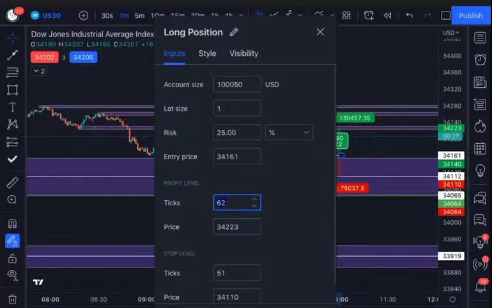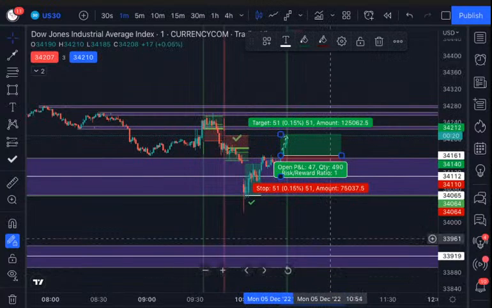Here it is. And just got the buy side of this coming up. Yeah. Boom. Oh yeah, perfect.